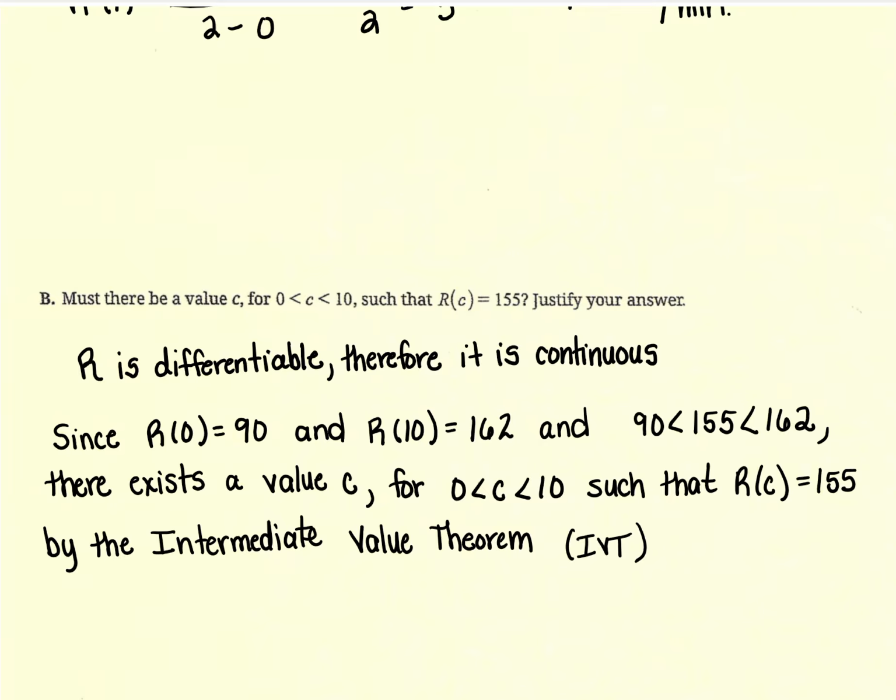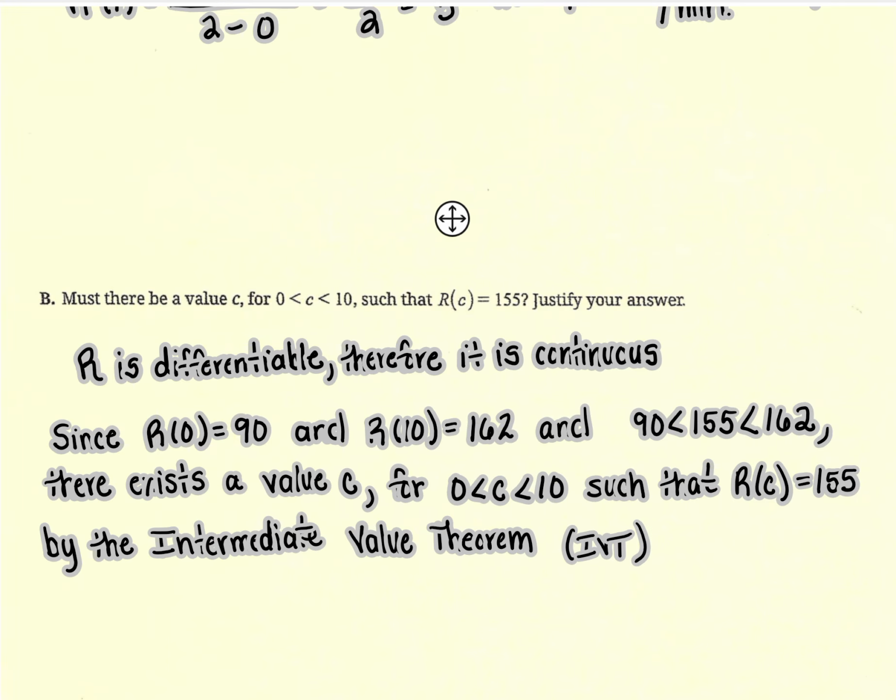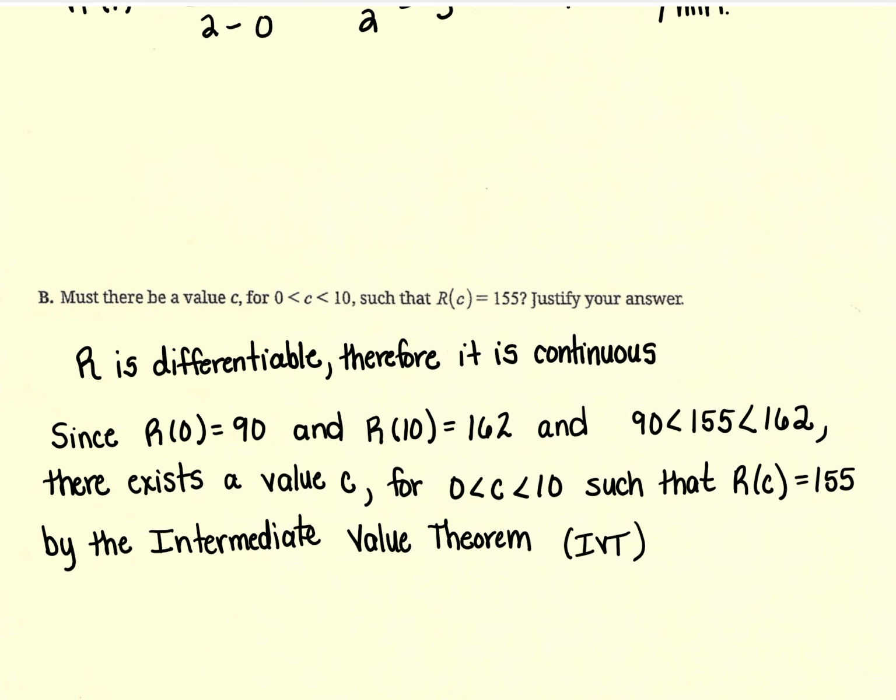In order to use the intermediate value theorem, you have to be a continuous function. We're told in the problem that R is differentiable. So if it's differentiable, we know that it's going to be continuous, which is going to be a requirement to use this. So therefore, you must state that, and they give you a point. If you realize that differentiability implies continuity, give yourself the point.